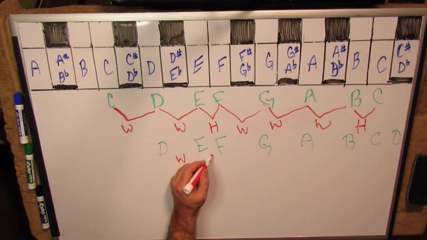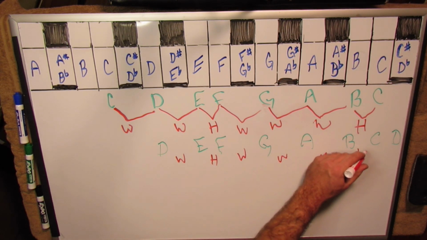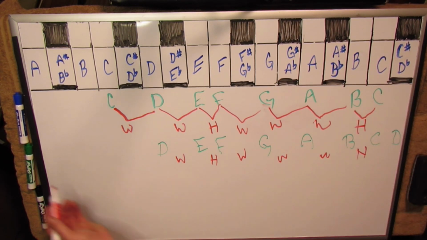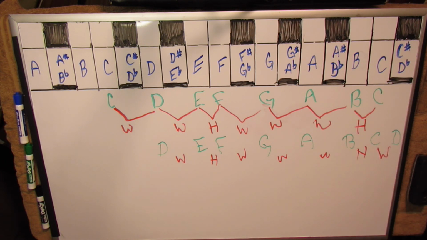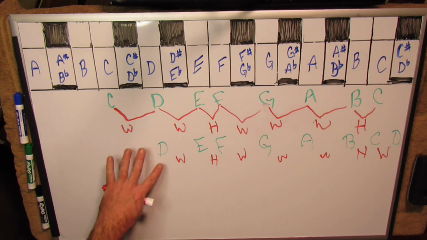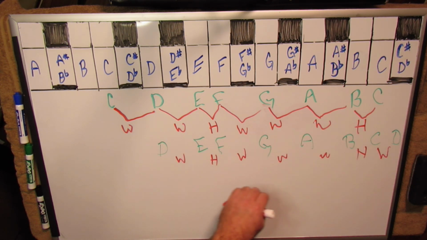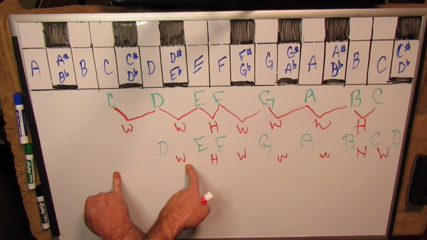Whole step, half step, whole step, whole step, whole step, half step, and then between C and D, you have to skip over this key here to get back to the D. So that's a whole step. When you start the scale on the second degree, that's called the Dorian mode. All that we've done here is taken the same pattern, started on the second note, and we're spinning it back around again to do it again.